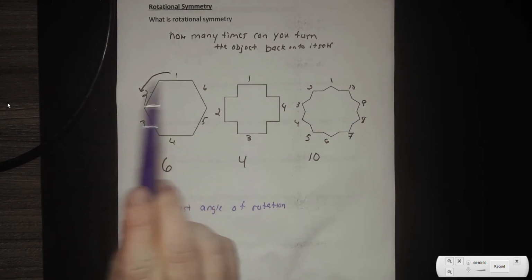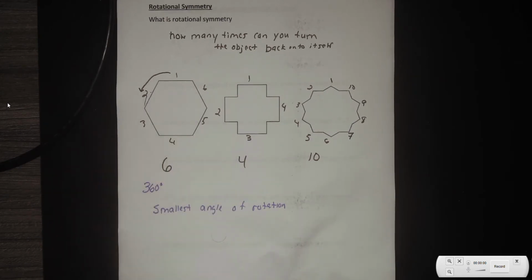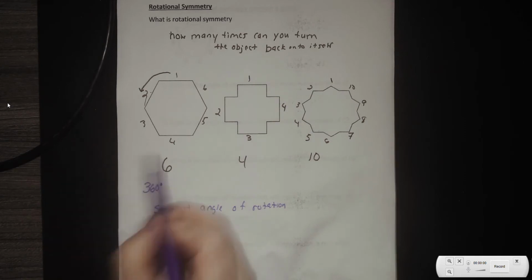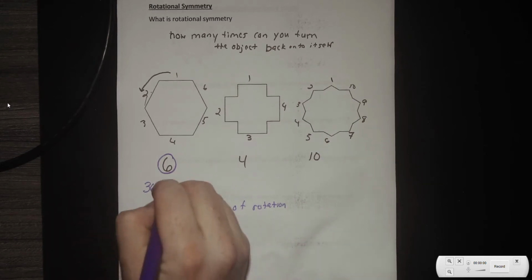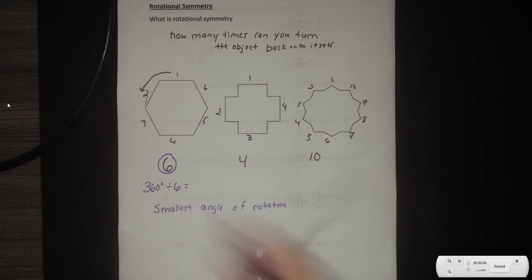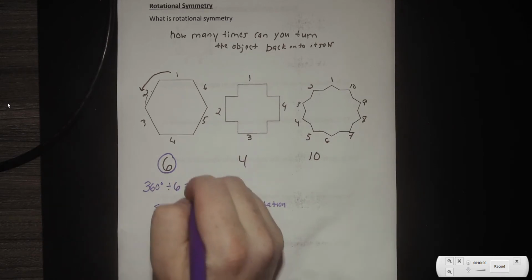When you rotate counterclockwise, you go 360 degrees. Every time it stops, that's an angle, a smallest angle of rotation. So how do you calculate that? You take the number of times it's going to stop onto itself and divide it into 360. So I'm going to take 360 and divide it by 6. And that gives me 60 degrees.